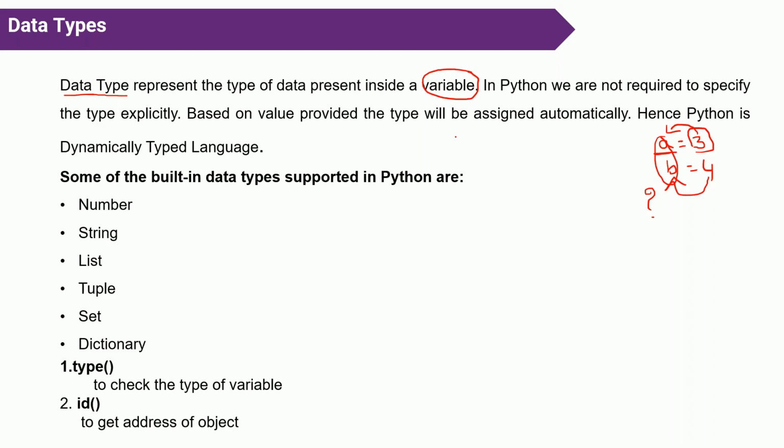Remember, we already discussed one point at the time of Python features. What is that? Python is a dynamically typed language. You remember the meaning? Again, I am repeating. For example, assume it is a C program. My assumption is I want to use three variables, a, b, c.